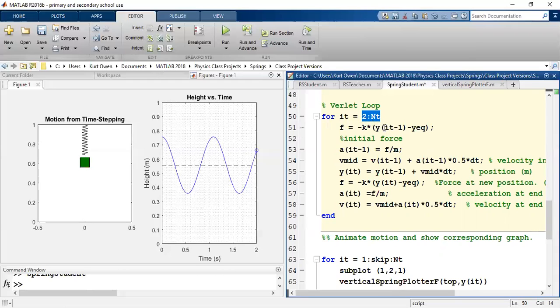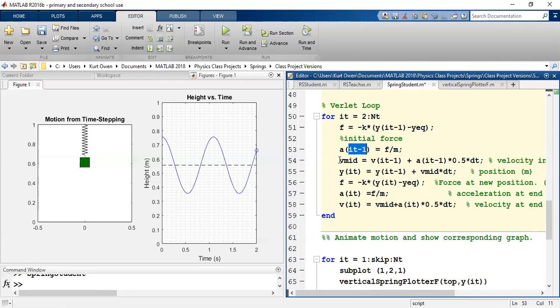So you'll notice that this first force that's calculated uses IT minus 1. That will work because we started with a 2 here. If I had started with a 1, I couldn't do IT minus 1 because there's no such thing as the 0th y value. So this will give me a force value based on the initial y position, and that value will be used to get an acceleration value.